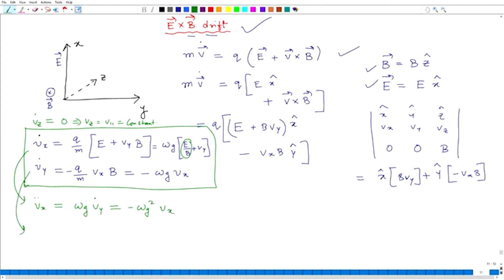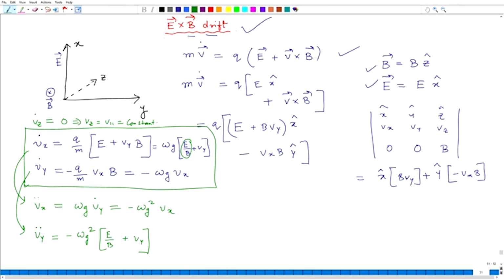For V y I will have V y double dot equal to minus omega g V x dot, and V x dot is nothing but omega g square times E by B plus V y.